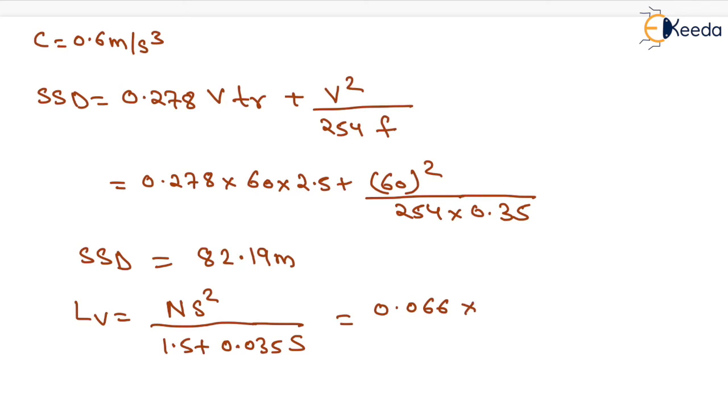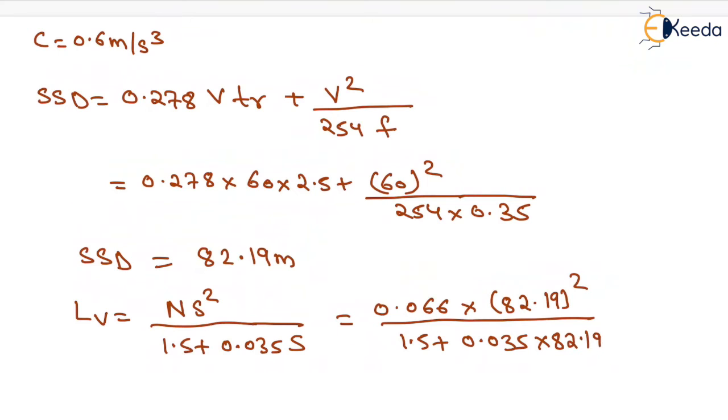The value of S is already calculated, that is 82.19 whole square upon 1.5 plus 0.035 into 82.19. On solving this we will get the length of valley curve equal to 101.868 meter. That will be the length of valley curve as per the headlight sight distance.